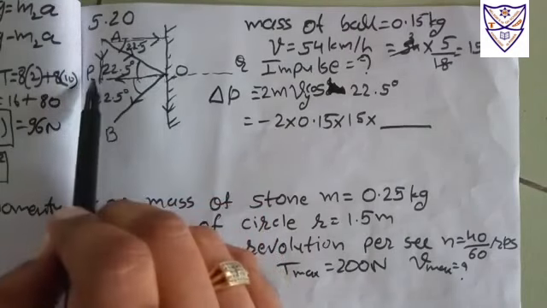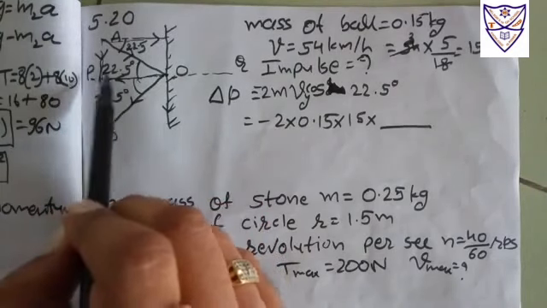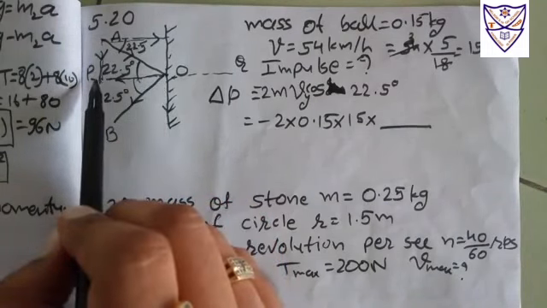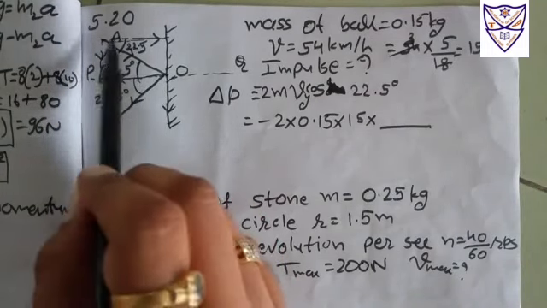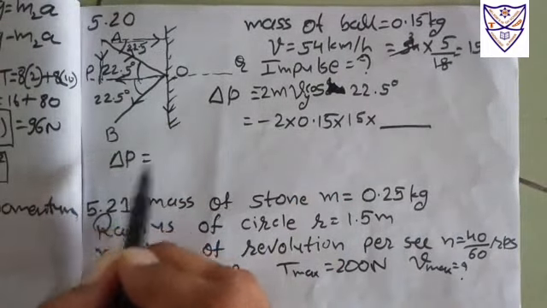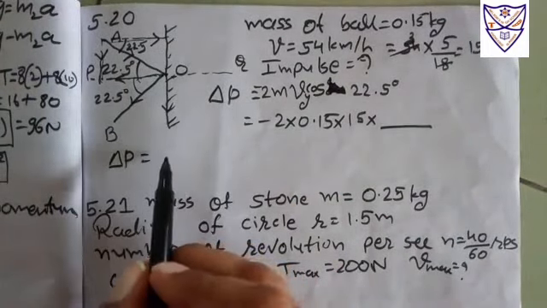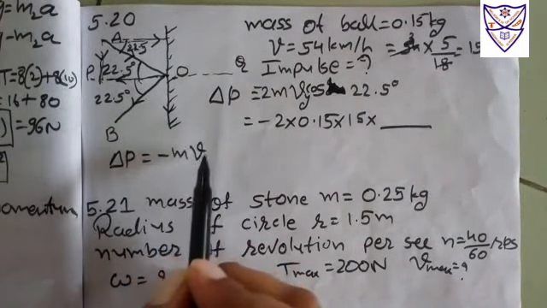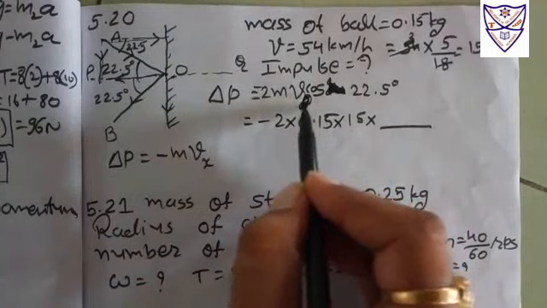The final is on the left hand side, that is minus, and the initial is plus. So if I write the formula here, delta P will be final, which is minus mvx, we need to write x only.